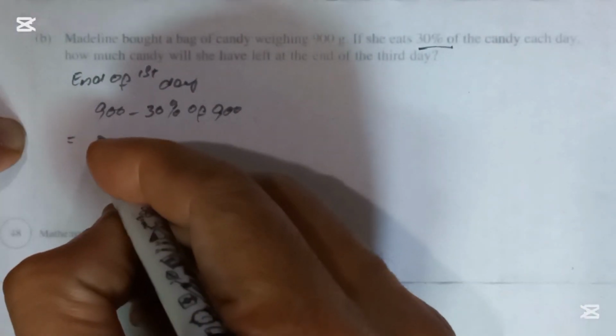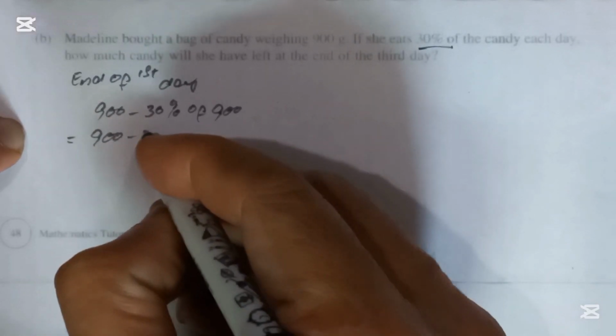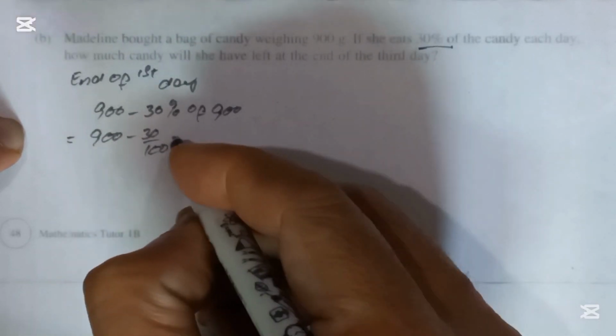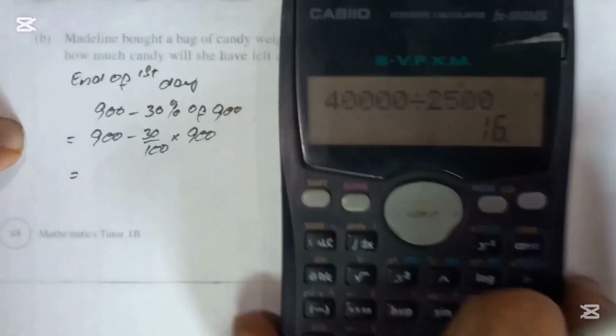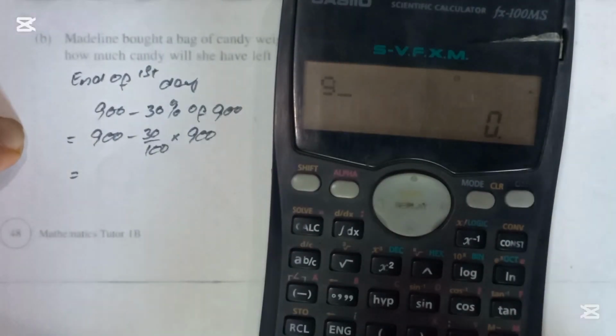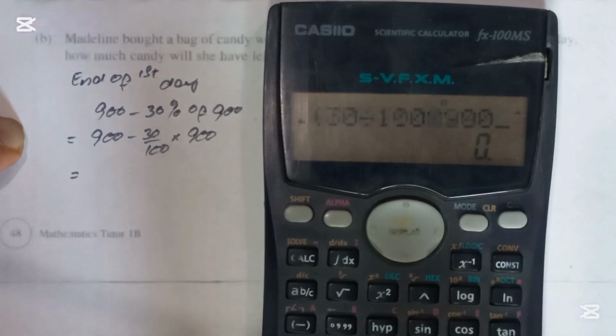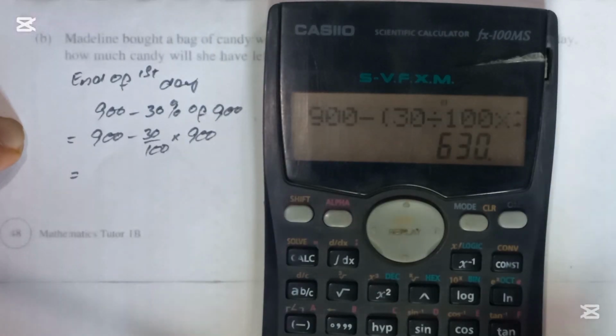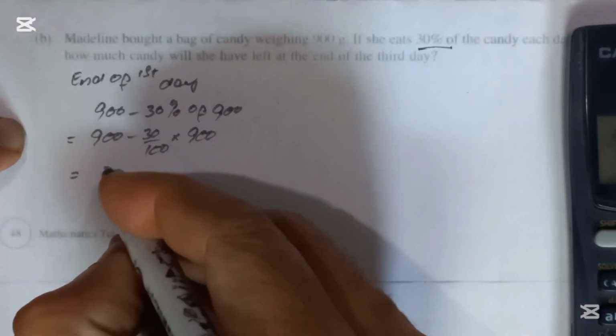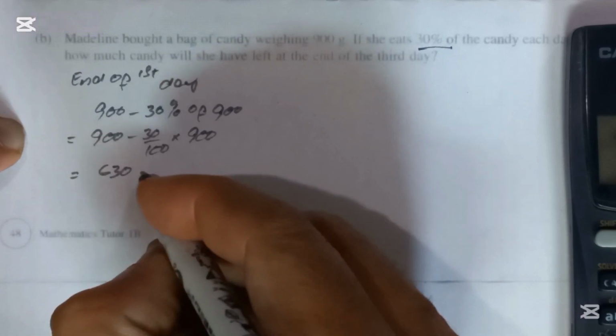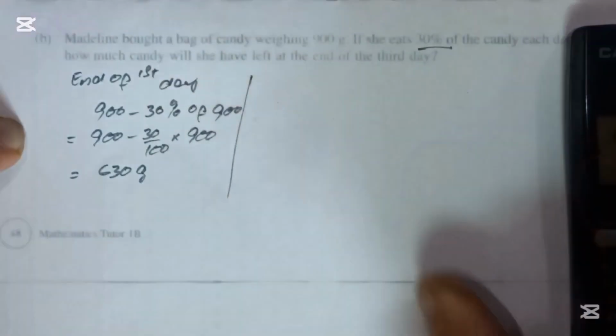So we will solve it on the calculator now to get the answer. That will be equal to 900 minus bracket start 30 divided by 100 multiplied by 900 bracket close, which is equal to 630. So these are the candies left at the end of the first day.